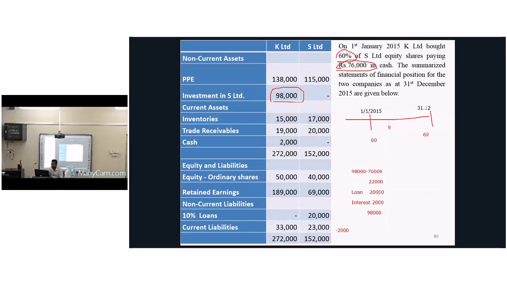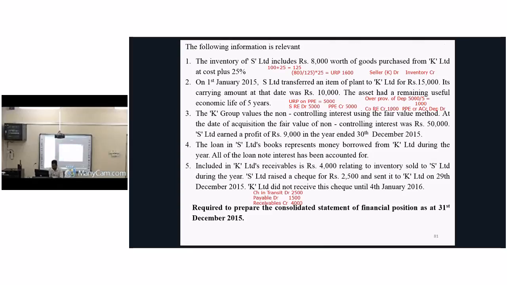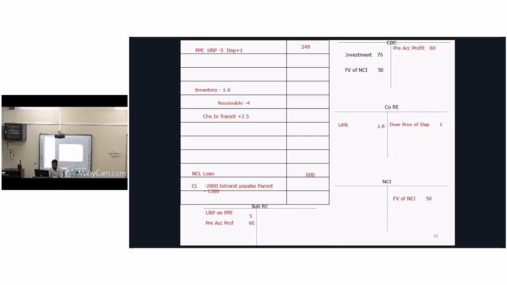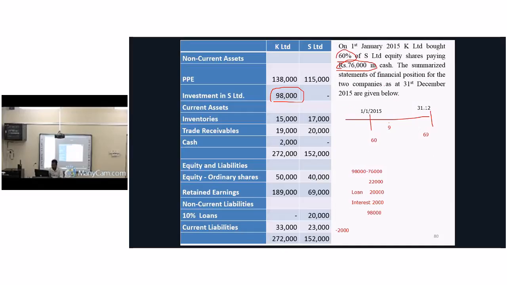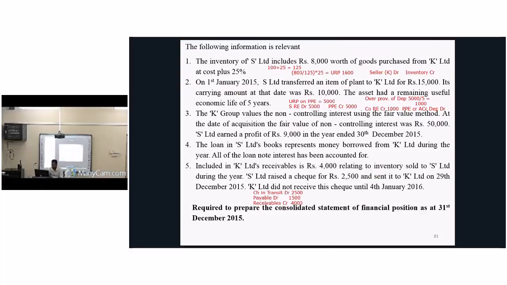Inventory is 15 plus 17 minus 1.6. It is 30.4. Receivables: 19 plus 20 minus 4, it's 35.